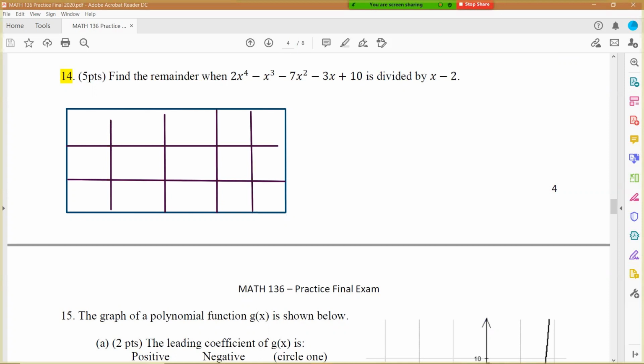So our coefficients go in the boxes across the top. Coefficients are just the numbers in front of the variables. So here we have 2, -1, -7, -3, and +10. Those 5 numbers are what's going to go across the top. So 2, -1, -7, -3, and 10.